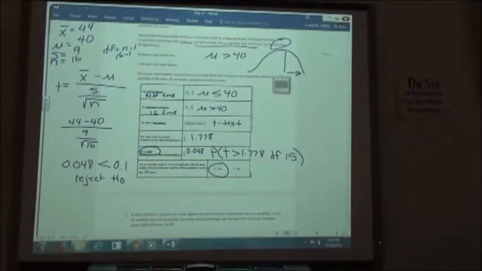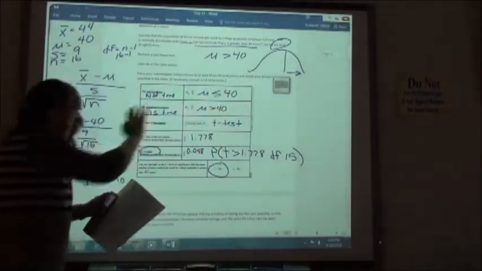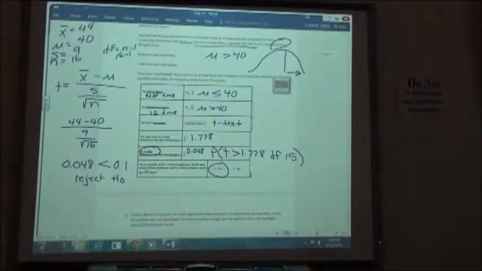The mu 0 is the same thing as the mu here. What are we comparing? That's going to be our 40. X bar, 44, what we had there. Sample standard deviation is our 9, that's our S. Number in our sample is 16.